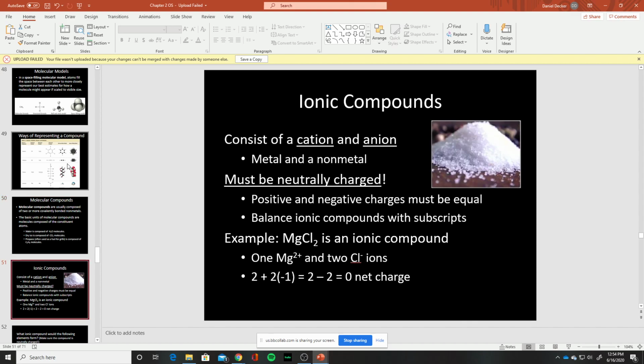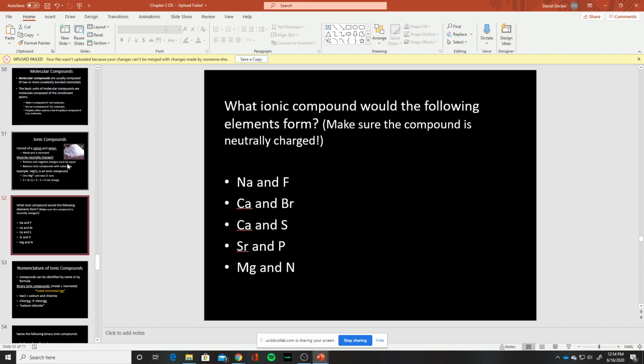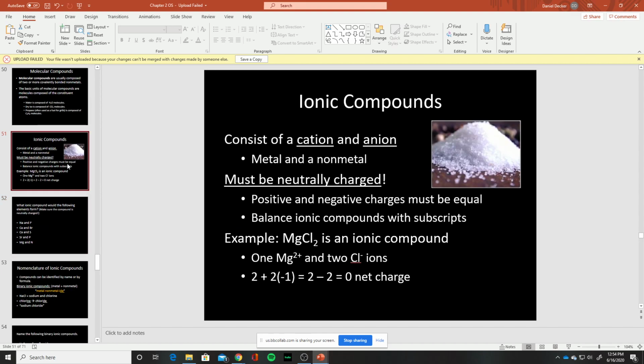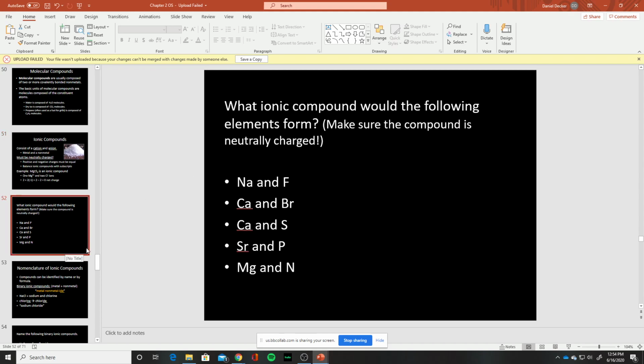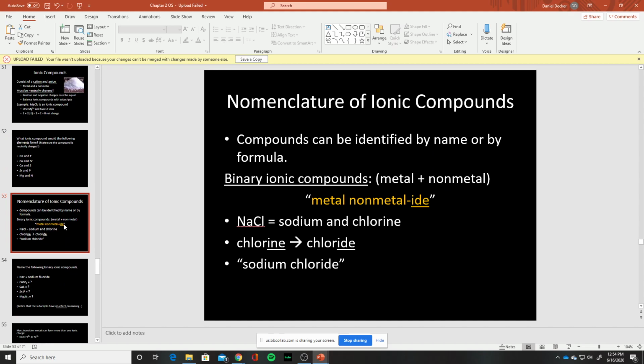And that gets us to the last topic here, which is nomenclature, and there's a little bit here about forming ionic compounds as well, which is related to the nomenclature. There will definitely be nomenclature on the exam. There's a little bit less than I would normally put on the exam, but there is still some.